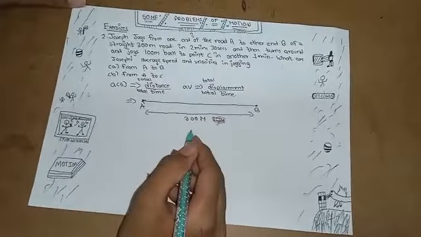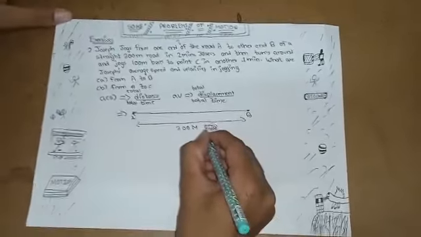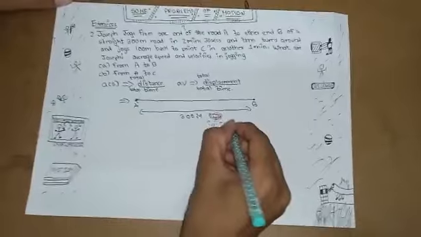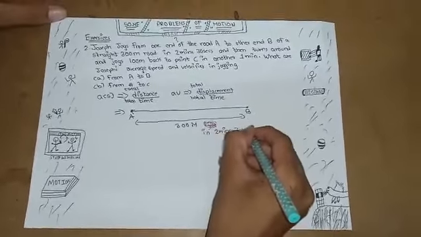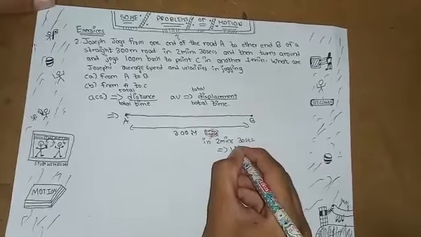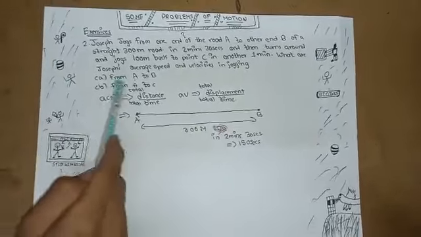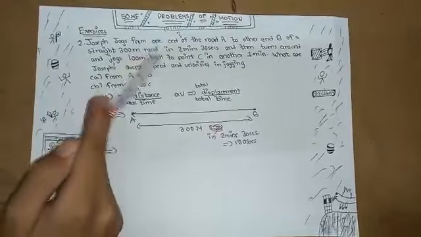So Joseph jogged 300 meters from A to B in 2 minutes 30 seconds. We need to convert this: 2 minutes 30 seconds is 120 plus 30, 150 seconds. Now we will do this from A to B. They also asked average speed and average velocity.